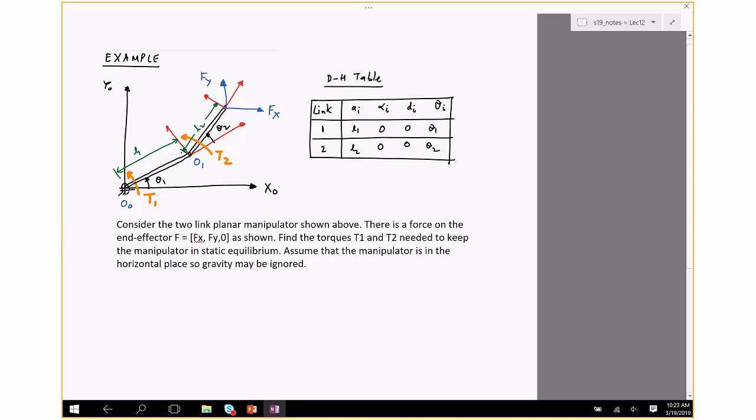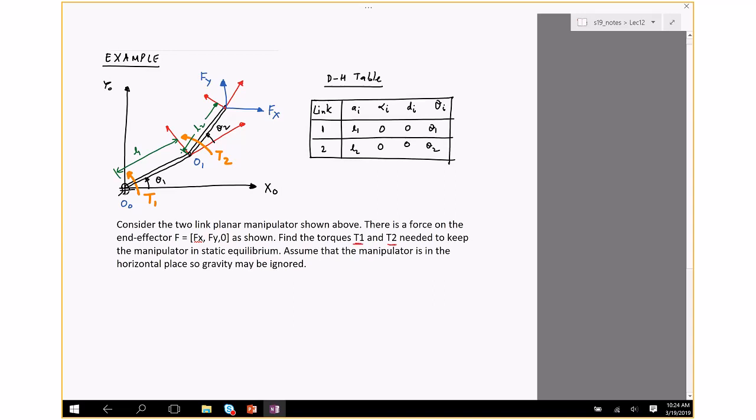It's acted upon by forces Fx in the x direction and Fy in the y direction at the end effector, yanking on the manipulator. We have to find the torques T1 and T2 at the two motors at the hinge joints such that this manipulator is in static equilibrium. It cannot move. So find torque 1 and torque 2.